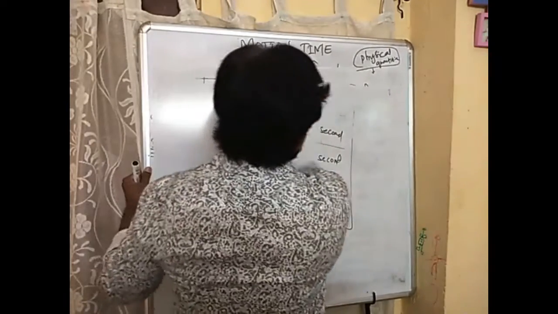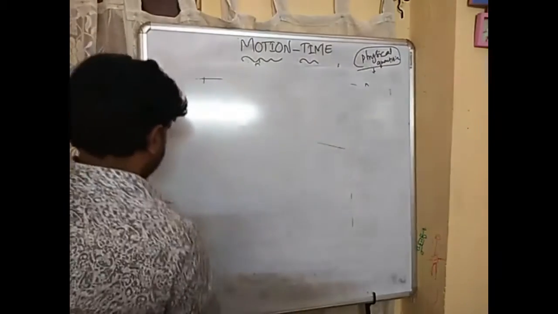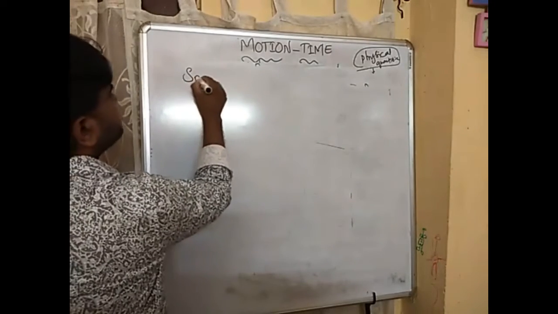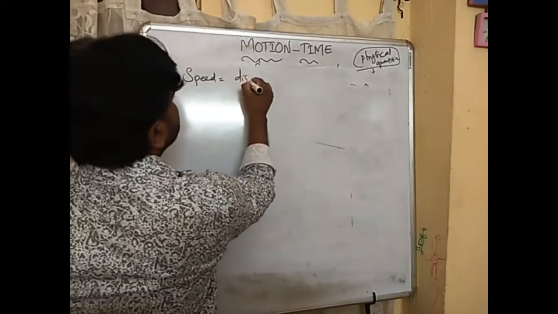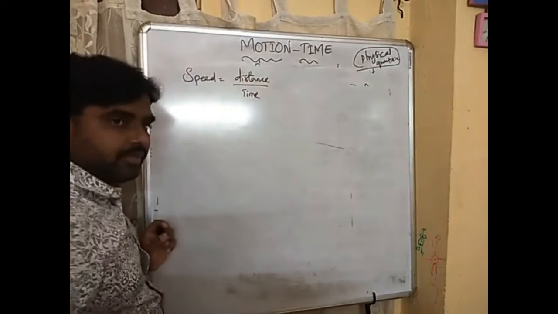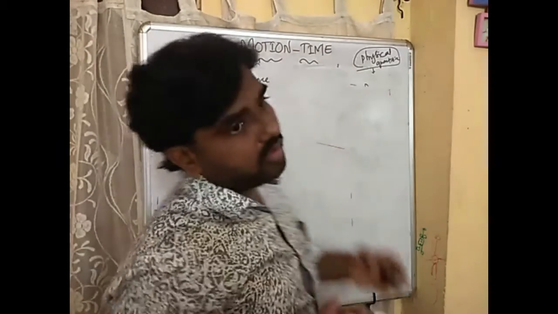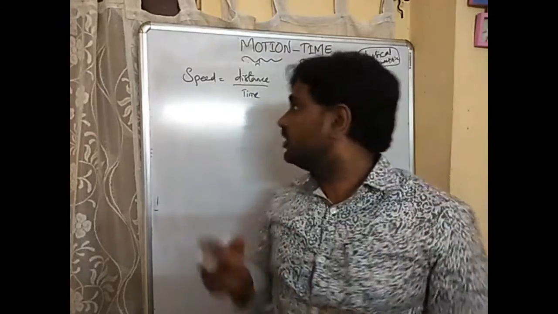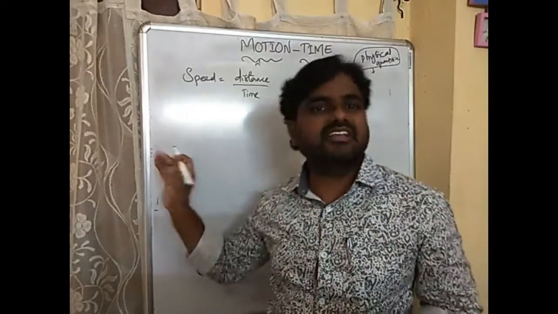In the last class we have seen the formula, speed is equal to distance divided by time. Am I right?